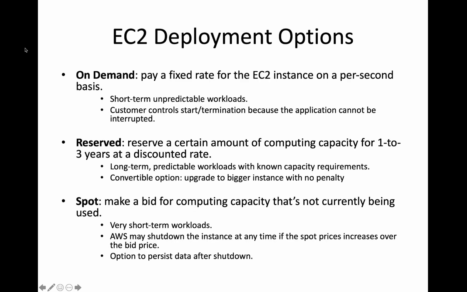When you create an EC2 instance, you have a couple different deployment options to pick from. By default, when you deploy an EC2 instance, you are using an on-demand deployment option. With an on-demand deployment option, essentially you're paying a fixed rate for that EC2 instance on a per second basis.